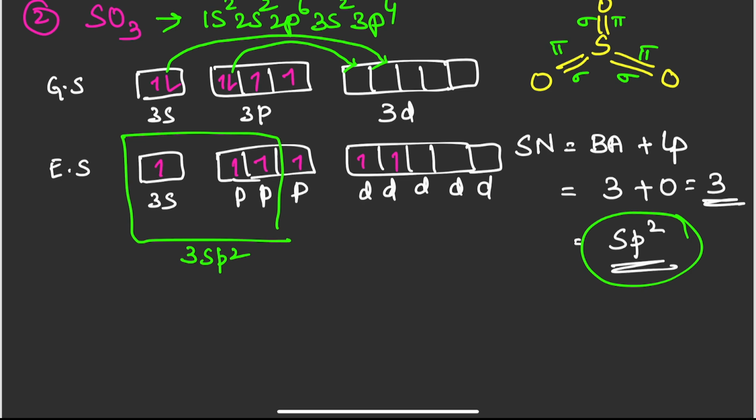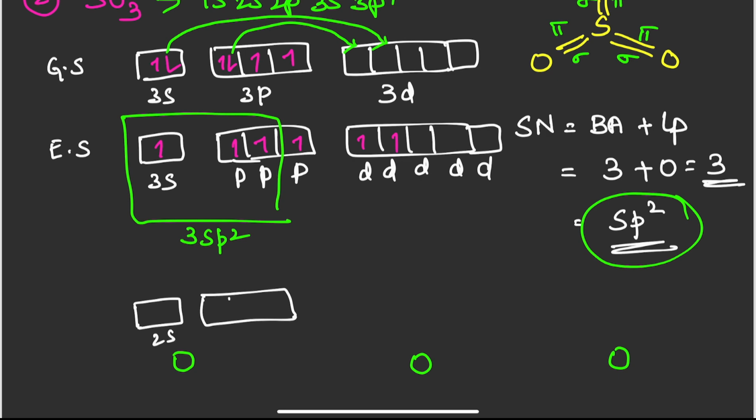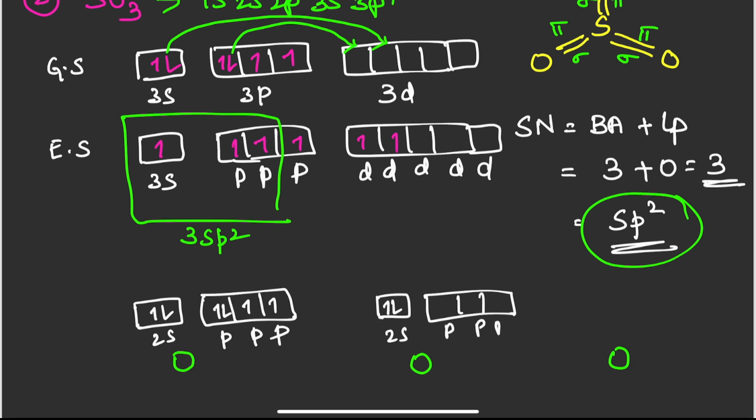Let us write the 3 oxygen atoms now: one oxygen, second oxygen, third oxygen. Write the electronic configuration. It has 2s and 2p orbitals. So this is 2s and this is 2p orbital. 2 electrons here and then 4 electrons here. Same way for the second oxygen: this is 2s with 2 electrons and 2p with 4 electrons, 1, 2, 3 and 4.